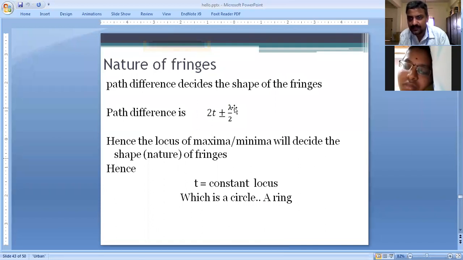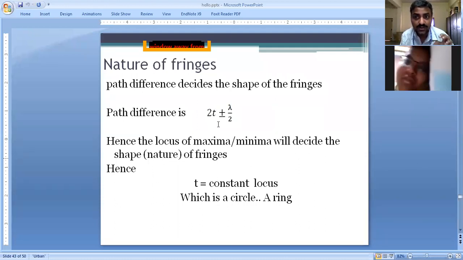So for a given setup, if you are using a specific light, lambda is constant and only t is the variable. Depending on t, you will get either a maxima or a minima. So the maxima and minima depend solely on the t equal to constant locus. That is going to decide the shape of the fringe.